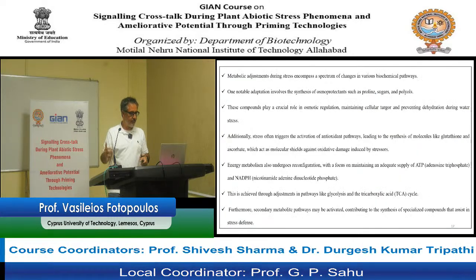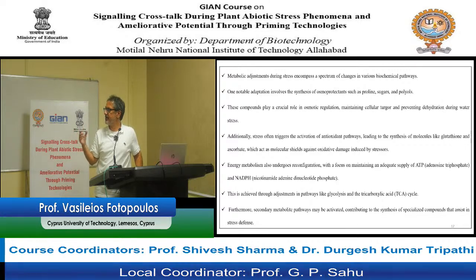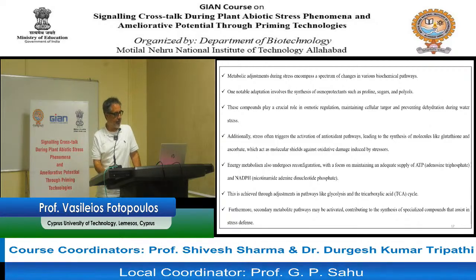So metabolic adjustments during stress encompass a broad spectrum of changes in multiple biochemical pathways. And one very key adaptation involves the synthesis of the osmoprotective molecules that we mentioned before, the osmolytes. And these include the sugars, the polyols, but mainly glycine betaine and proline.